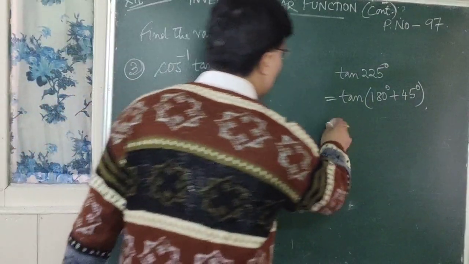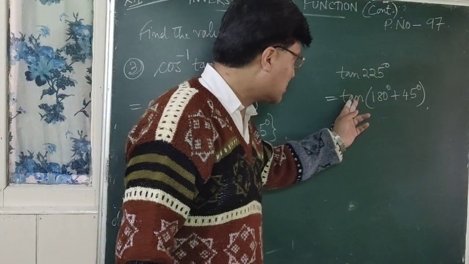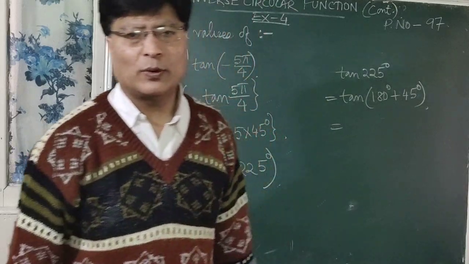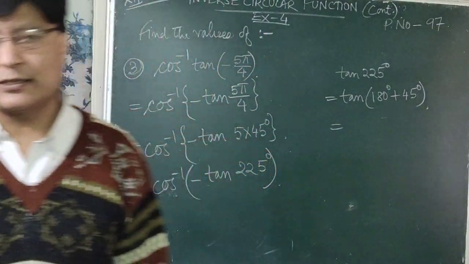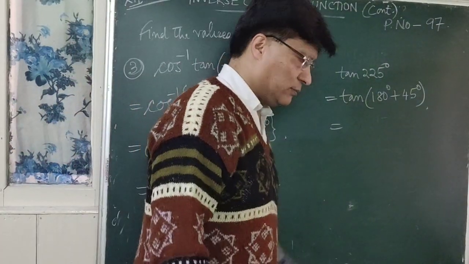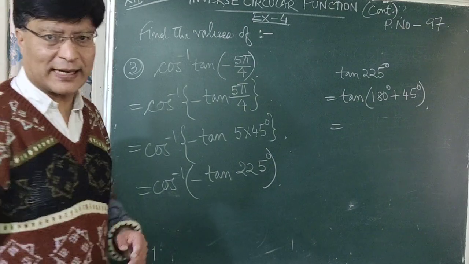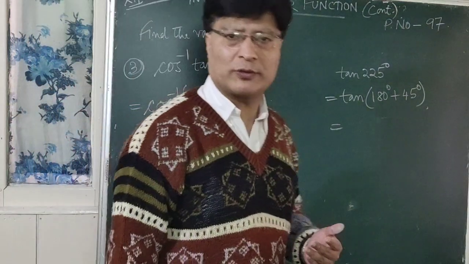Okay? So now, what is this formula? This is tan 180 plus theta. What is tan 180 plus theta? It lies in the third quadrant. In the third quadrant, tan is always positive, you know that. So positive sign usually we don't write.